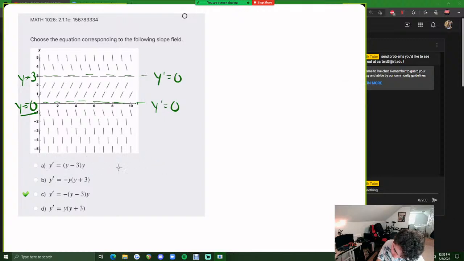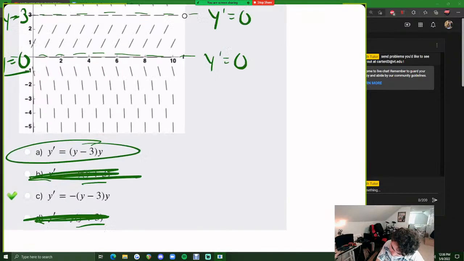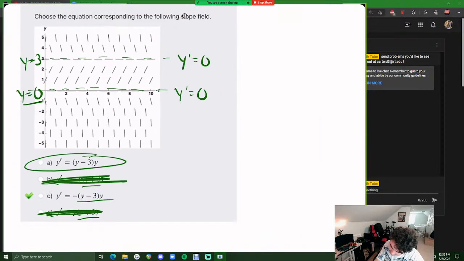So A looks pretty good. We can actually eliminate B and D because they have y plus 3. If we plug in positive 3 into y plus 3, we get 6. And so it does not give us 0, which means we would not get 0 plugging in positive 3. So then, for the same reason, C is another possible option because 3 minus 3 is 0, and then plugging in 0 where the y is gives us 0 overall for y prime.